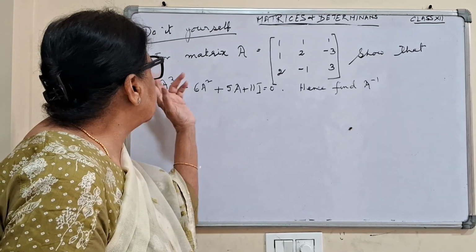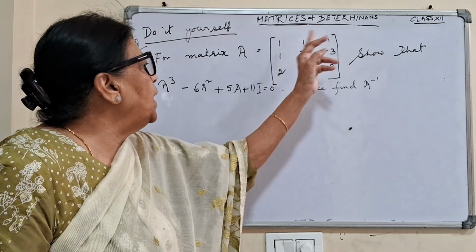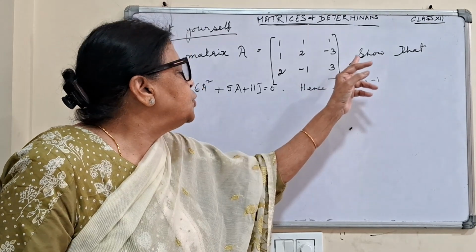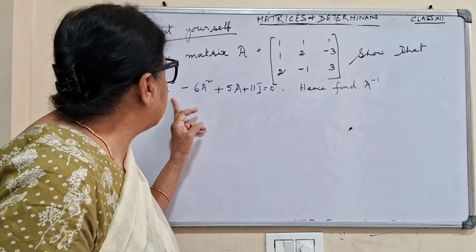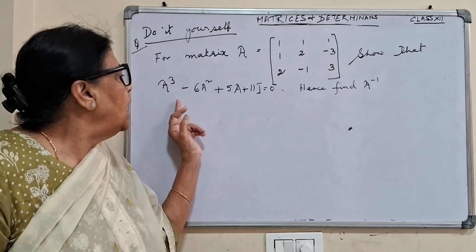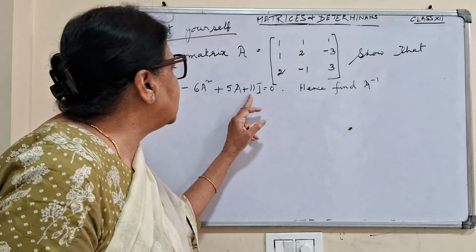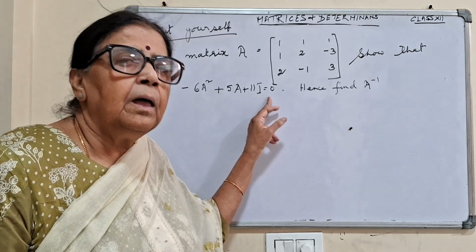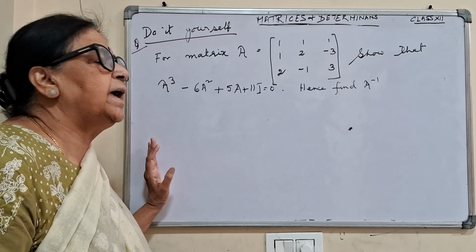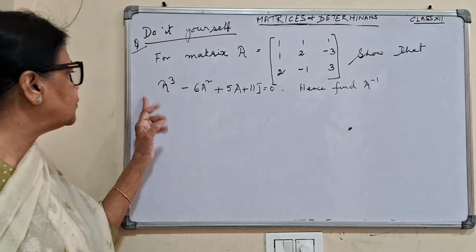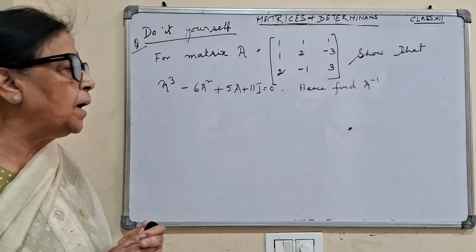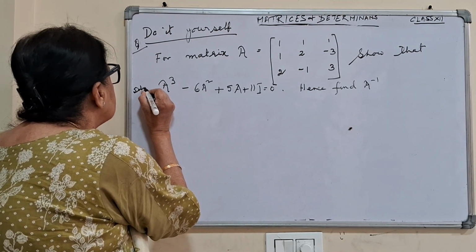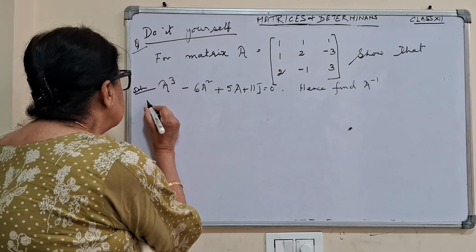For matrix A, 1, 1, 1, 1, 2, minus 3, 2, minus 1, 3, show that A cube minus 6A square plus 5A plus 11I is equal to 0. Then hence find A inverse. I will give you the hint.